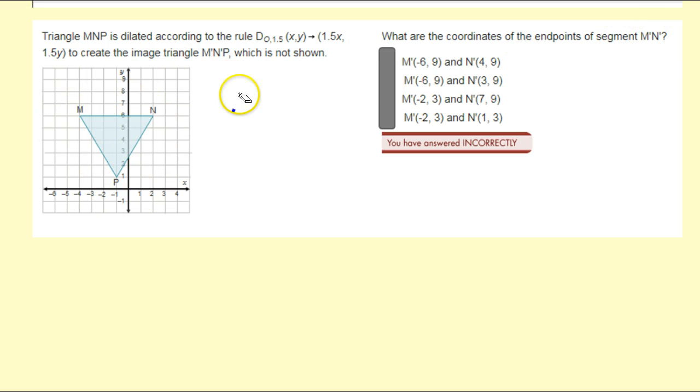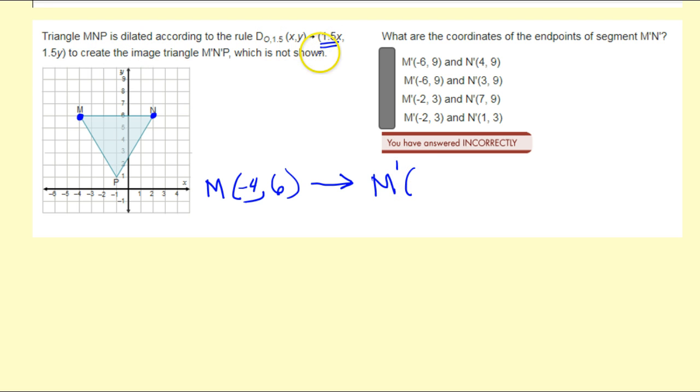So they're asking us for the new coordinates that correspond with M and N. Let's just do that one at a time. So what is point M? Point M is -4, comma 6. That's a wicked comma I've got going on there. Don't laugh at me. That's point M. So if I want to find the new point M prime, I'm going to do just what this says.